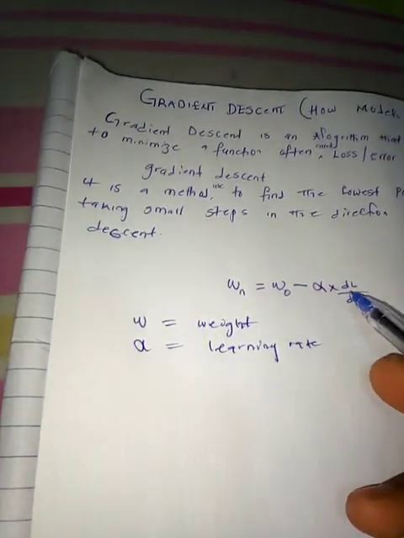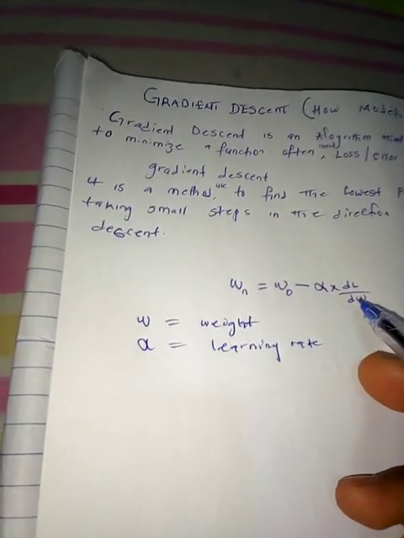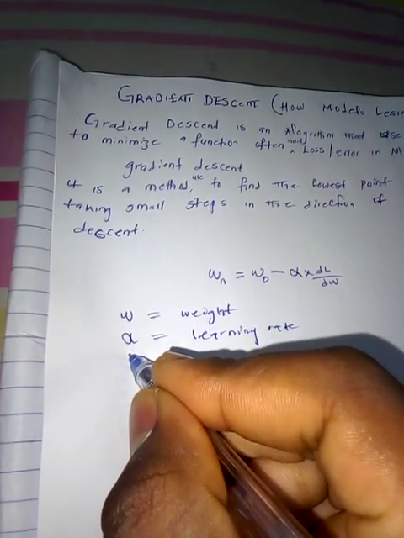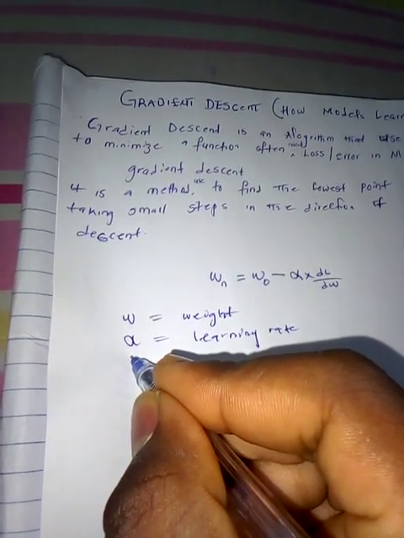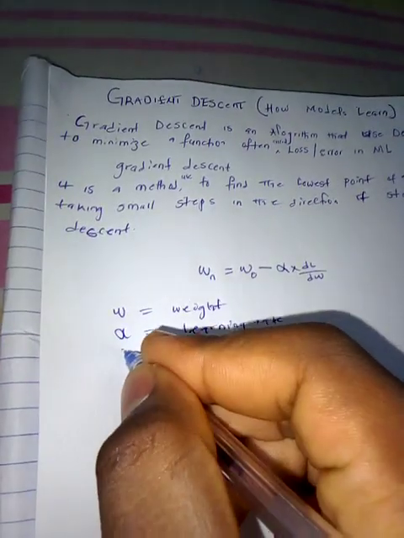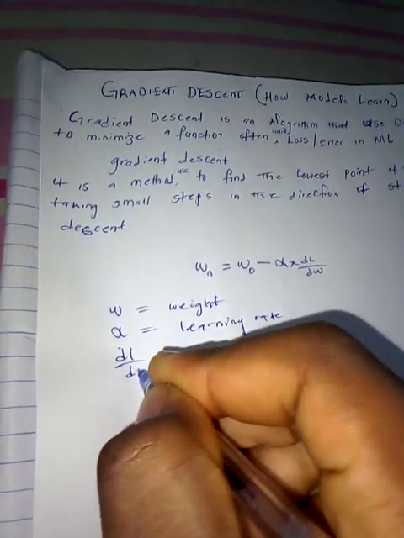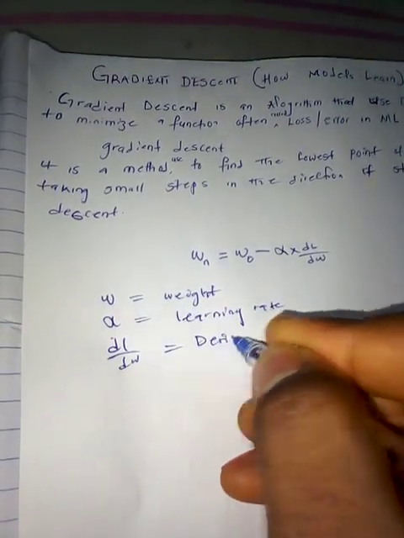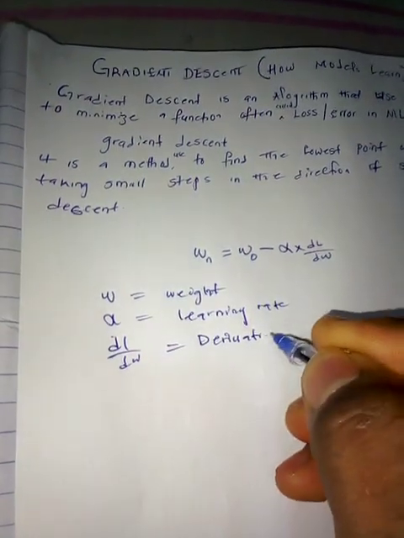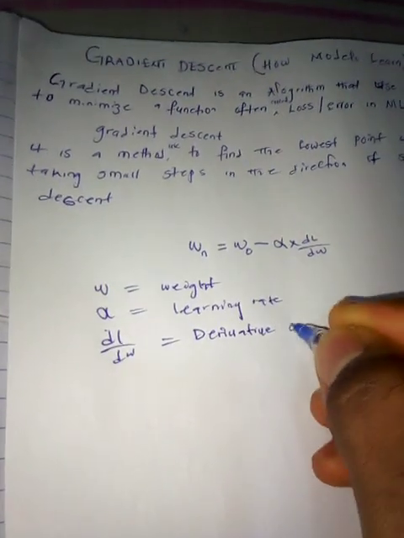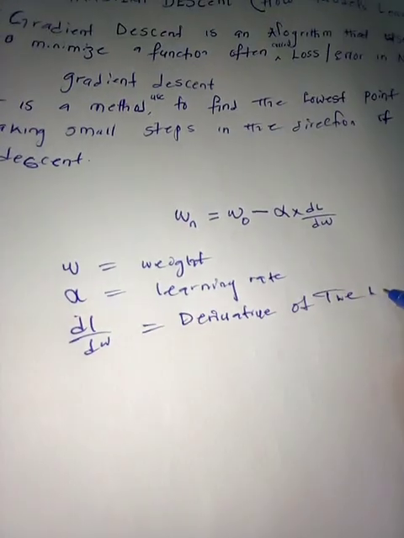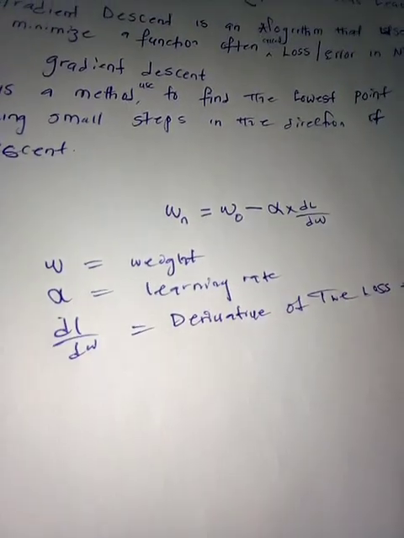The partial derivative of L over W is the derivative of the loss function.